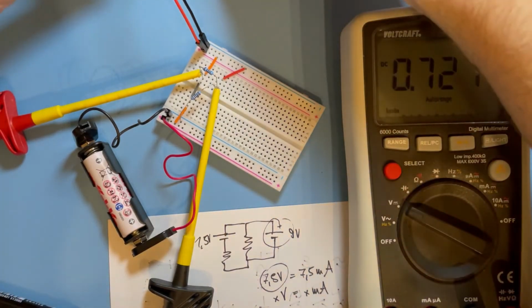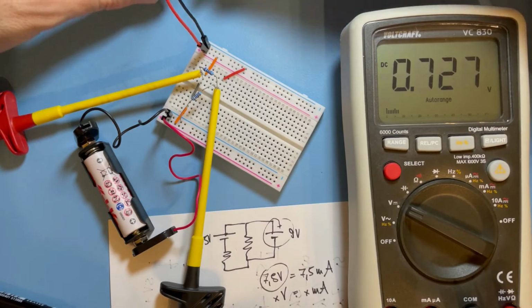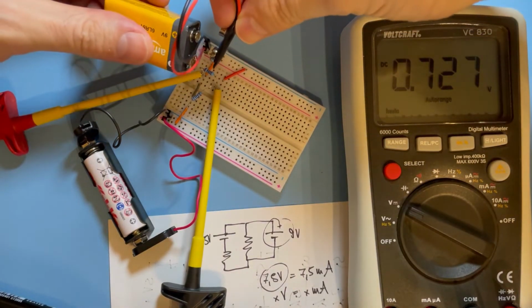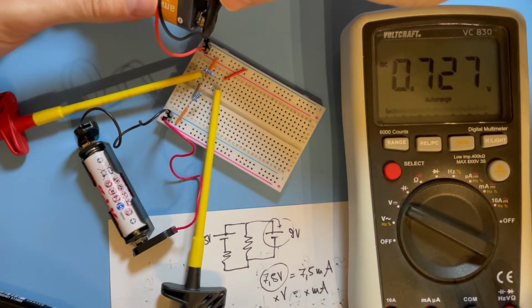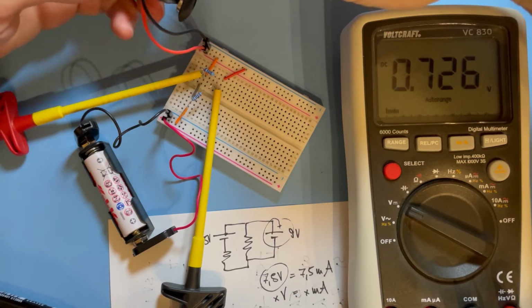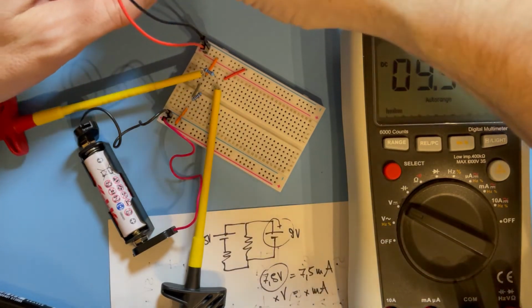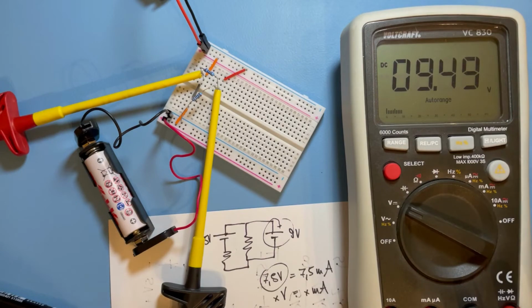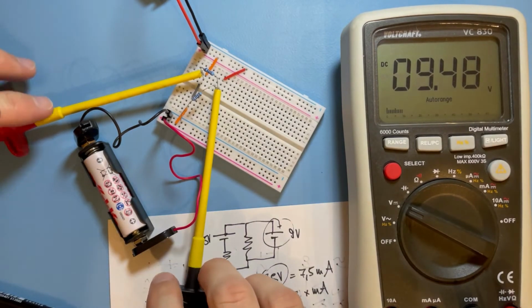And now what happens if we use the digital multimeter? Here you see I connect the battery. All in the picture, good. And let's connect it. And now there is a pure 9.5 volt drop. That's nearly exactly what the bigger battery is.